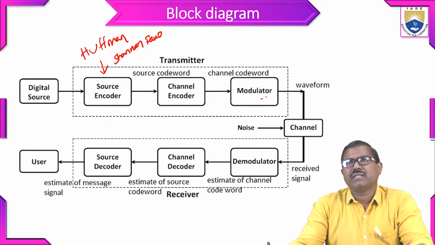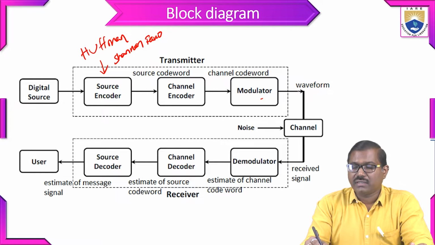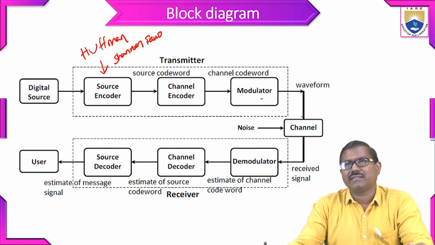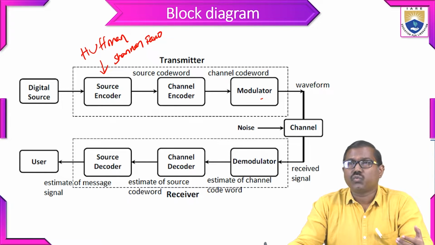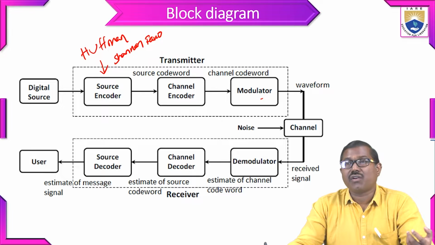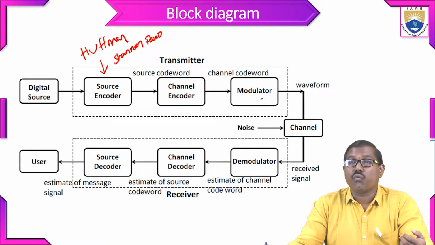Here we use different types of modulation techniques. Why? Because after the modulator, the signal enters the channel, and the channel accepts analog waveforms, but our information is in the form of digital bits, ones and zeros.